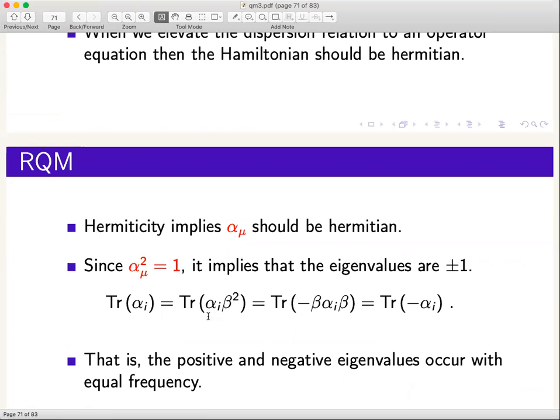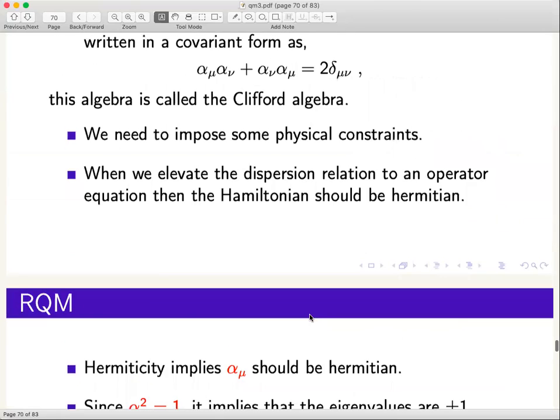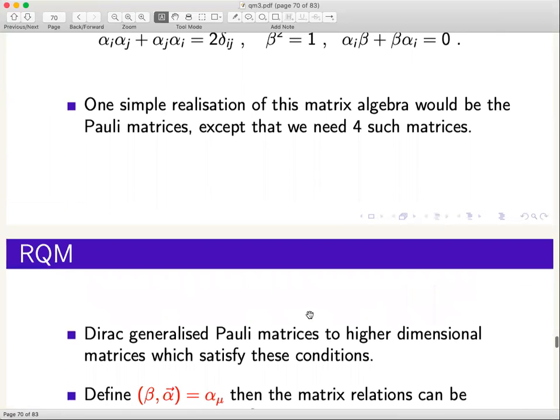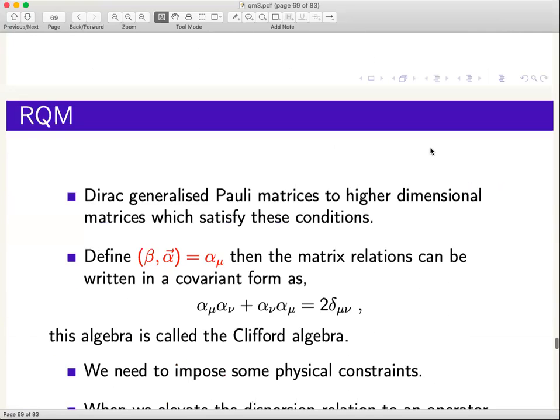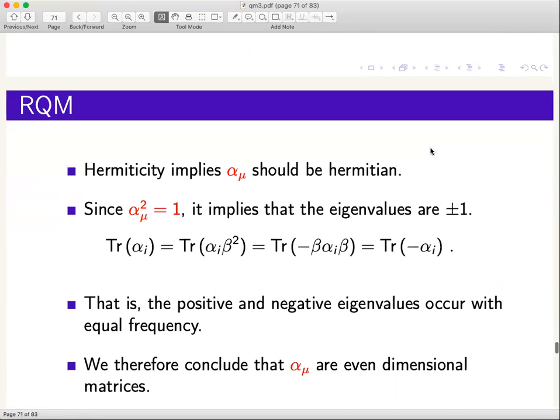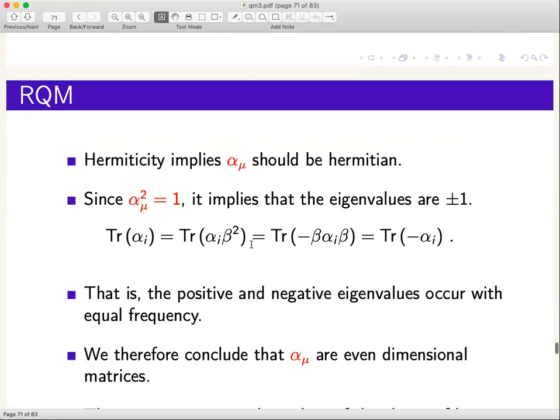But we know alpha I beta is minus beta times alpha I. That is the third equation that we have. So if you use that, then you can swap one of the betas across alpha I and you get this expression with a minus sign.